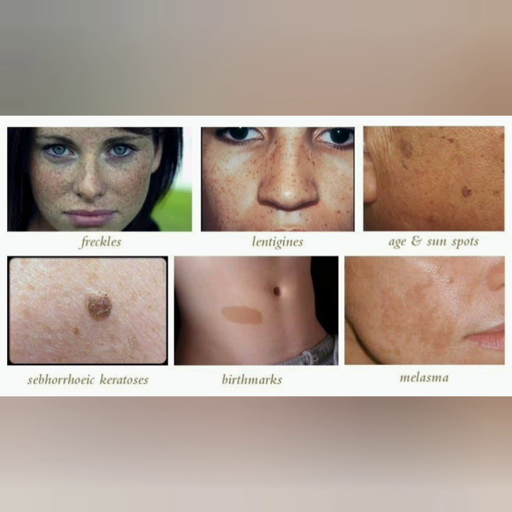Lighter pigments which are deeper will take longer time to treat. Age spots or liver spots which are superficial are easy to treat. Sun damage, which is mostly superficial, can be easily treated and responds well. These are all different types of hyperpigmentation which you might come across.